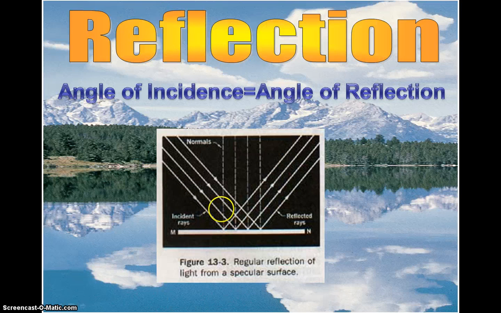Then this angle here and this angle here would be equivalent to one another. So that's basic reflection for flat mirrors. We'll look in the next videos on how to identify where images are located and how they appear based on looking at mirrors, or reflective surfaces, that are either concave or convex.